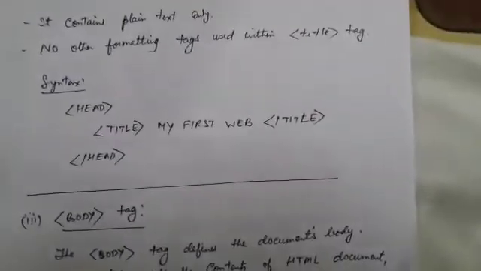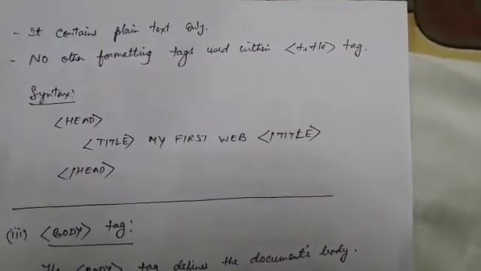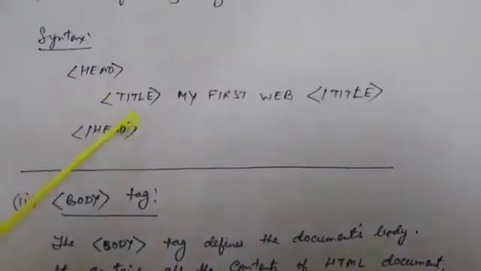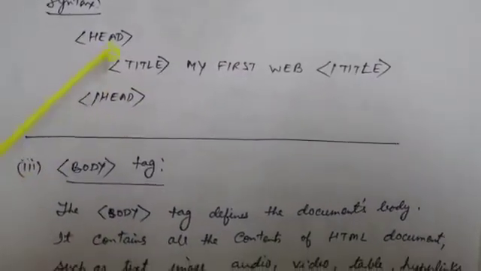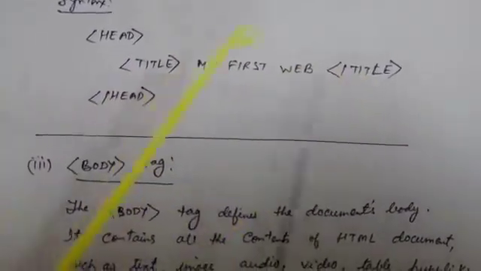Now the syntax of title is like this. We start with head. Here, see, head, then title lies within head: head start, title start, contents, and then title end, head end. That's it.